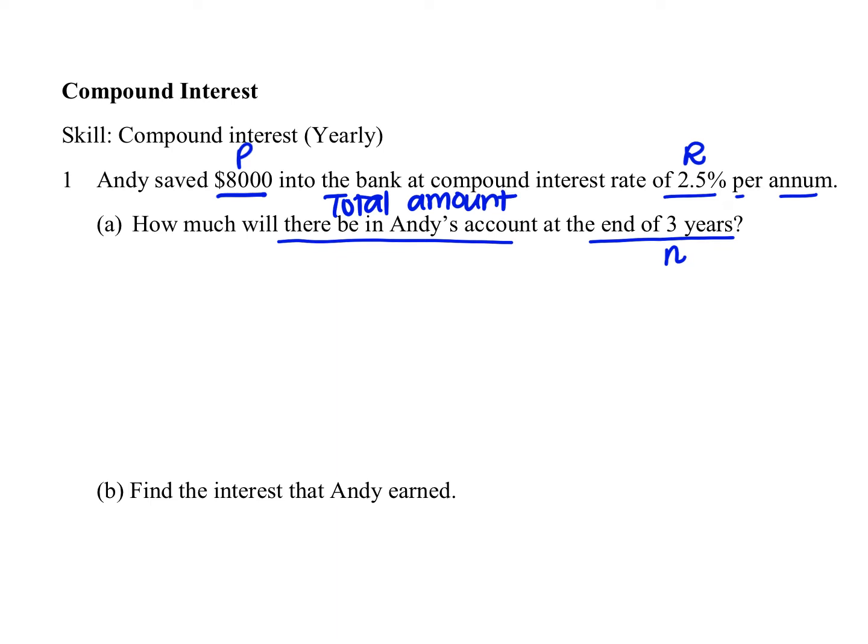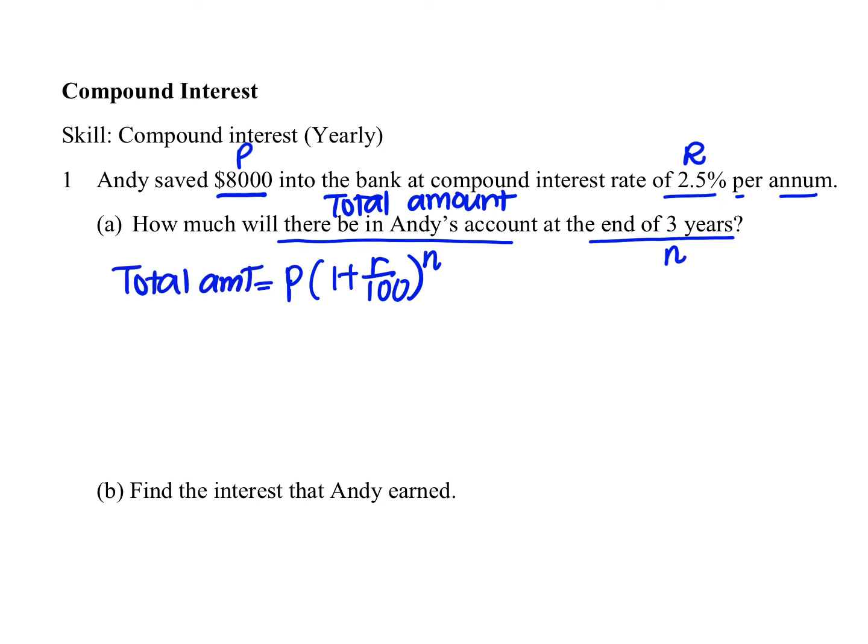Now, please remember your compound interest formula. A lot of students start remembering their compound interest formula with P bracket 1 plus R over 100 to the power of N. Now, this is not a very good habit because you need to remember that this formula is actually for finding the total amount.